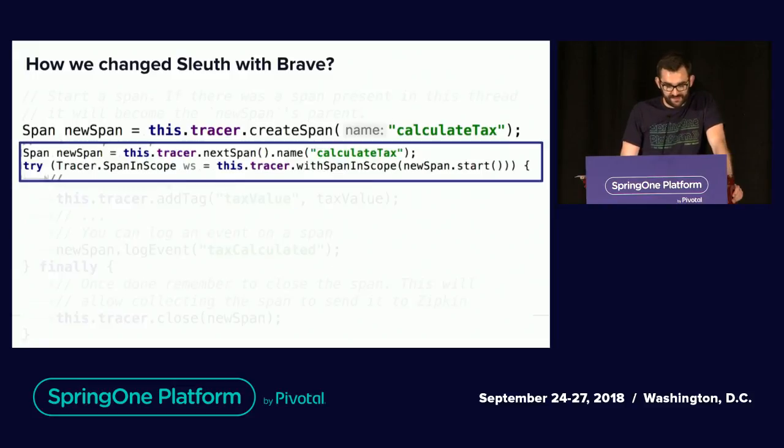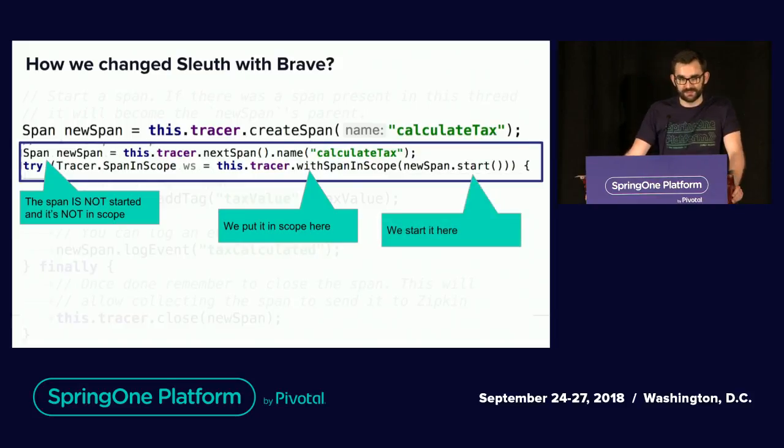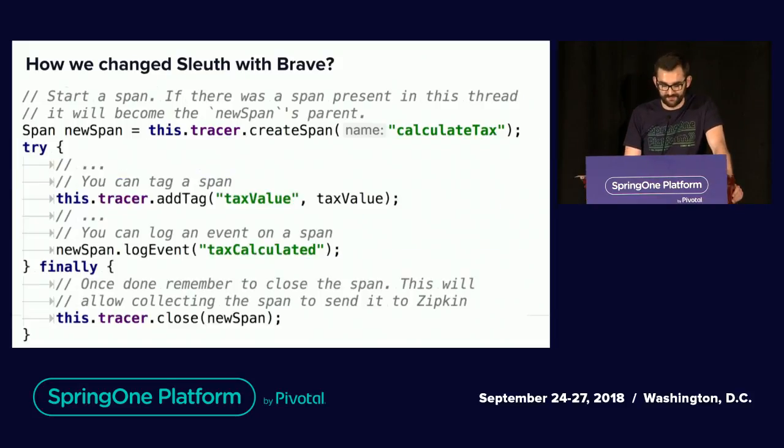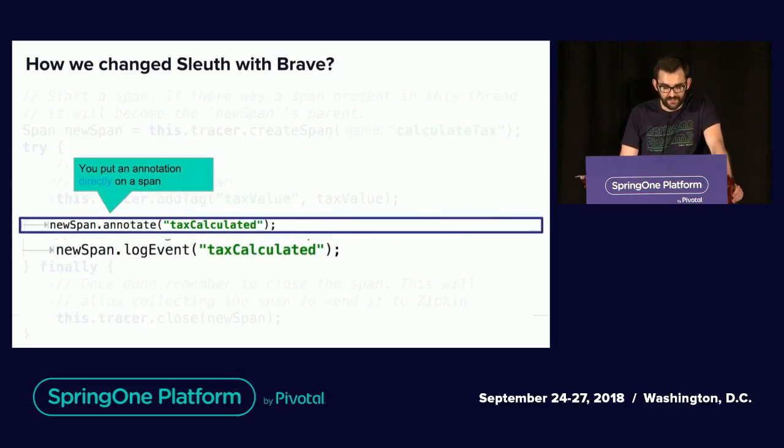So we had this, and now we have this. When we create a span, it's not started, and it's not in scope. We put it in the scope here, and we start it here, right? So that's the main difference. As far as tags are concerned, you put a tag directly on the span right now. You don't do it via the tracer. This thing changed the least.